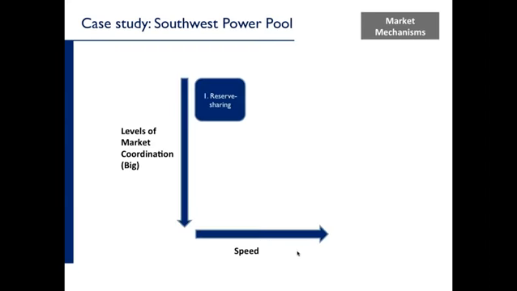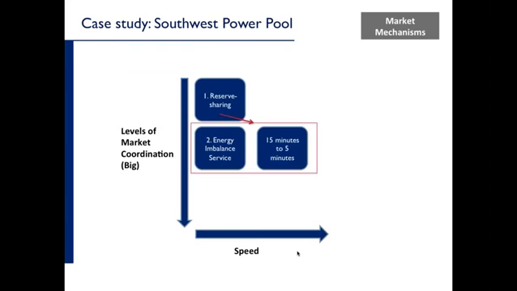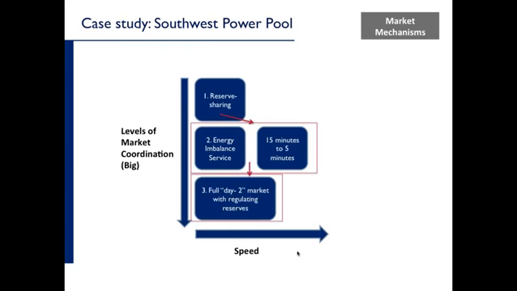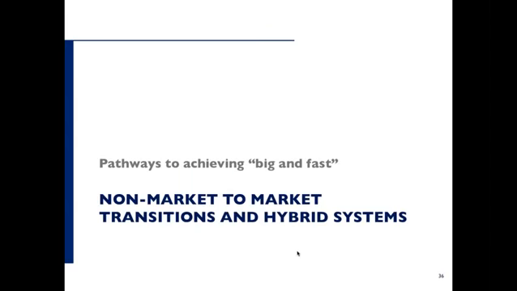And so going to our little box chart here, the first step at SPP was this reserve sharing. Then they went to the energy imbalance service with a 5-minute dispatch, and then they went to a full day-ahead market, and then they expanded their geographic footprint. So that's their plan, or their evolution.